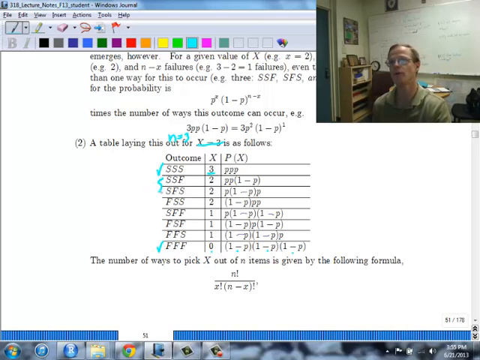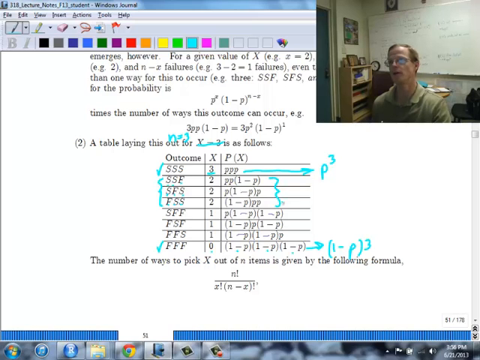But for the 2 girls case, I had girl, girl, boy, but we could have girl, boy, girl, or boy, girl, girl. Notice that this one here is p cubed, where p is the probability of success. And this one here was 1 minus p all cubed. 1 minus p is the probability of failure.